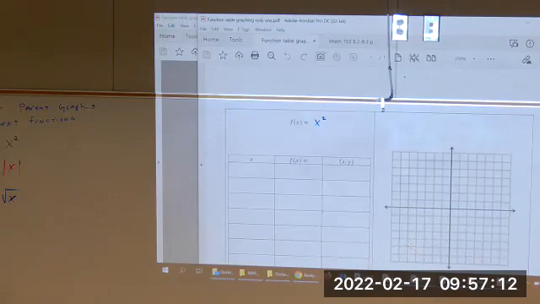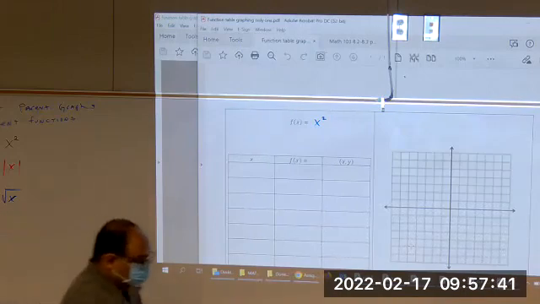The goal is to figure out what the parent graph looks like, and then we learn how it's going to be manipulated, how it's going to shift, translate left and right. Basically, is it going to flip up or down? Is it going to get wider? Is it going to get narrower? And all of those things, that's what A, H, and K control. They all have a part to play.